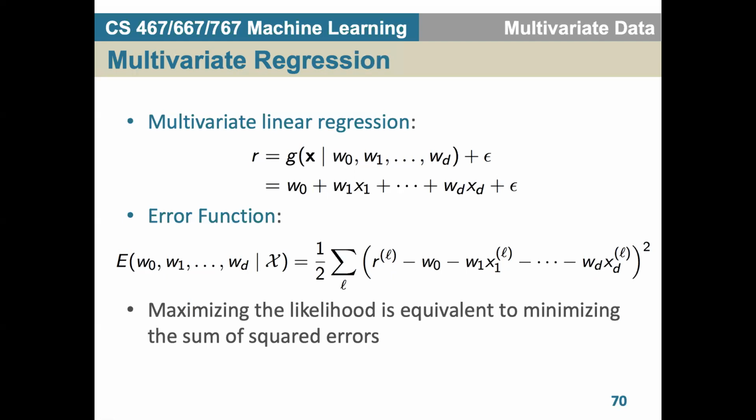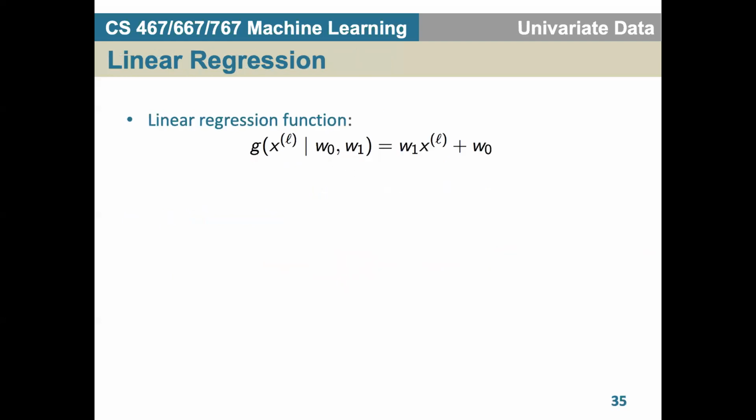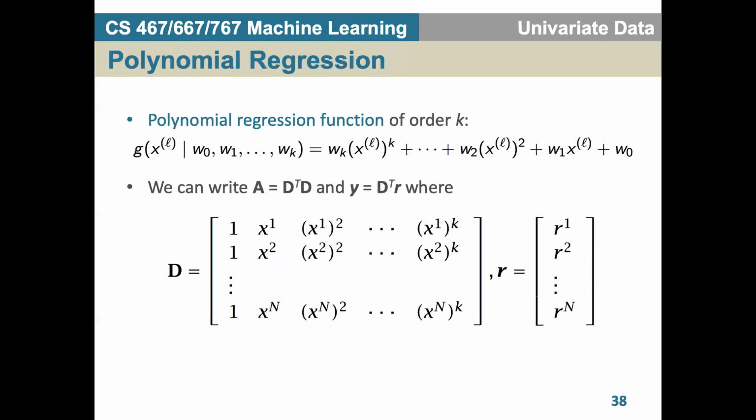Let's go to the univariate regression place. This is our previous case. We only have one particular x1, but we have to the power 1, to the power 2, to the power k, Xk. And we have this d and r.